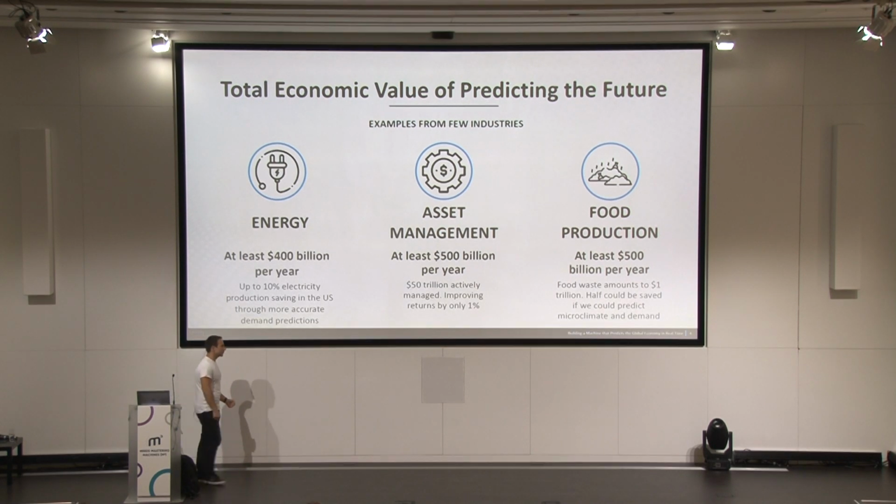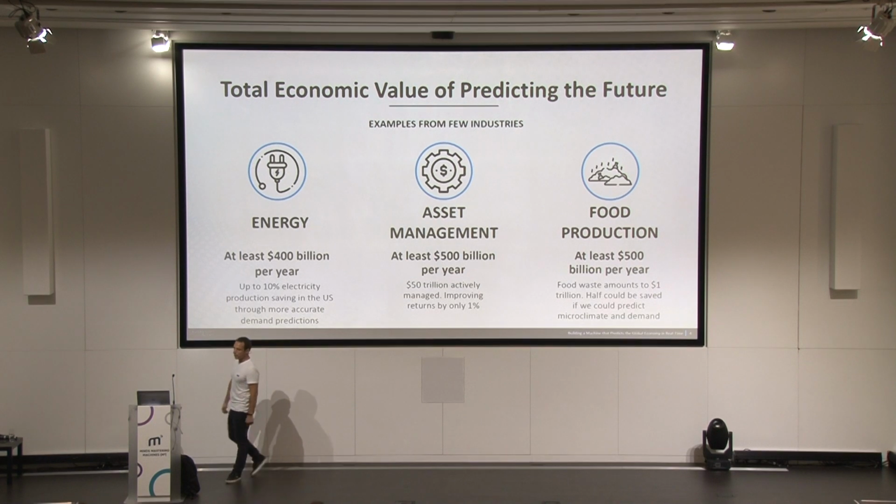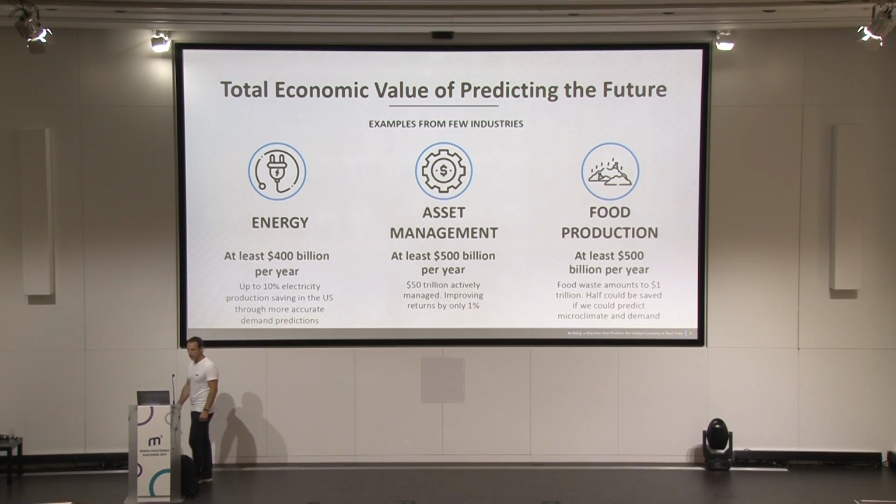If we could predict how much electricity output will be generated by each solar panel in the world, we can predict how many tons of fossil fuel we need to burn. There are estimates in food production that about half of the food waste could be prevented if we could predict microclimate and demand for food.